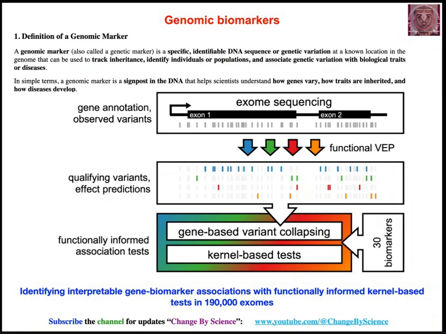So, this is the fundamental definition and background of genomic biomarkers. Here, the identification of interpretable gene marker associations with functionally informed kernel-based tests in 190,000 exomes has been shown.